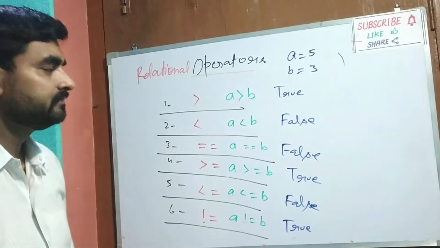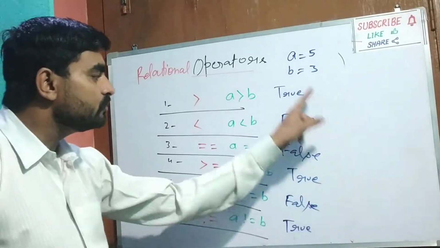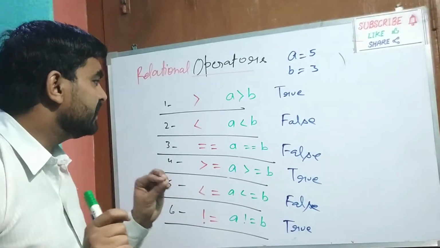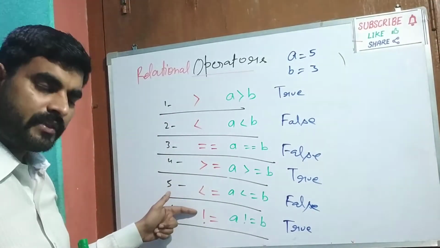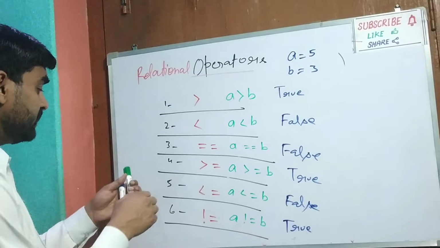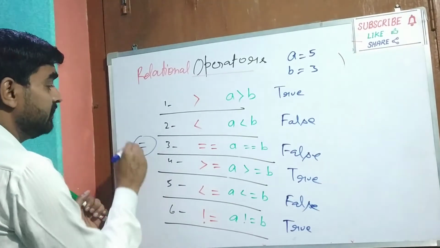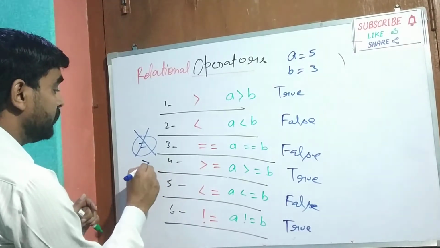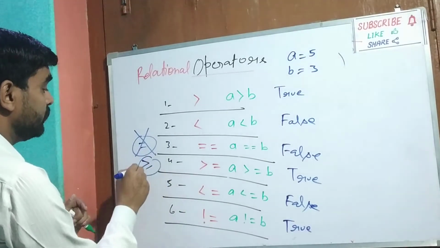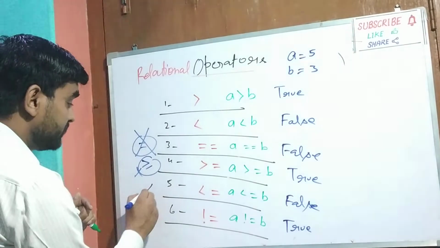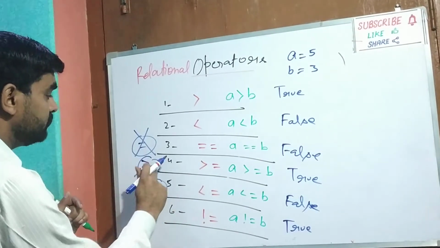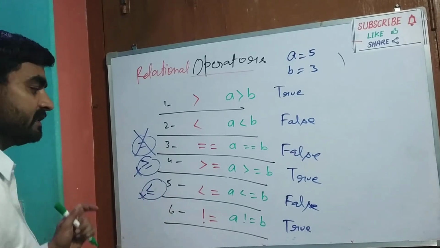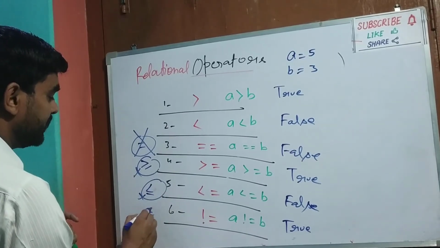Students, if you are not getting how true or false is coming, don't worry. Here we only require the symbols, because we are having confusion here. This one is the equal symbol, which we wrongly write with a small mistake. Less than or equal to, this is again a wrong statement. Less than or equal to and greater than or equal to, these two are often written like that, which is wrong, and not equal is often written like that, which is wrong.